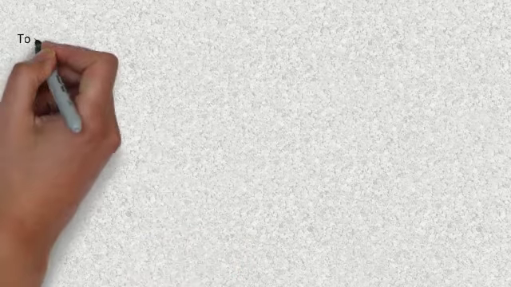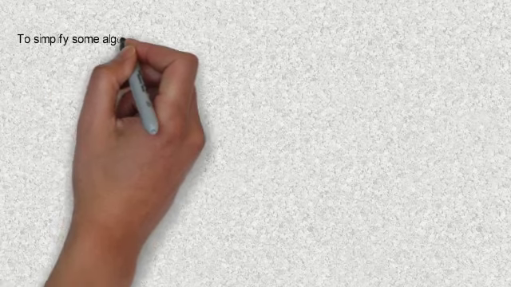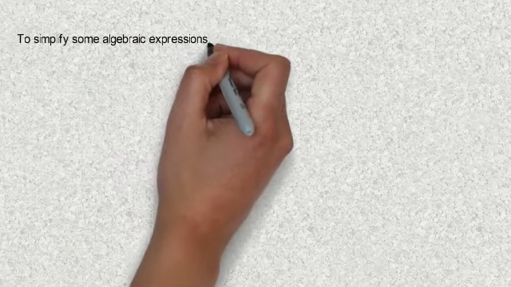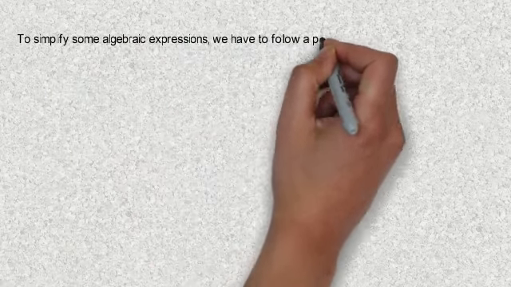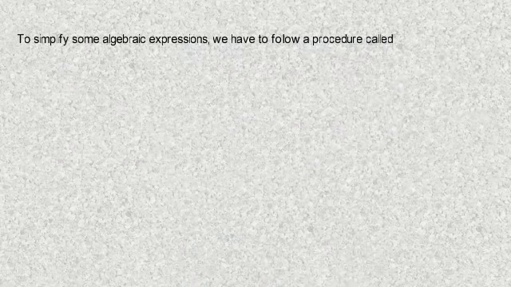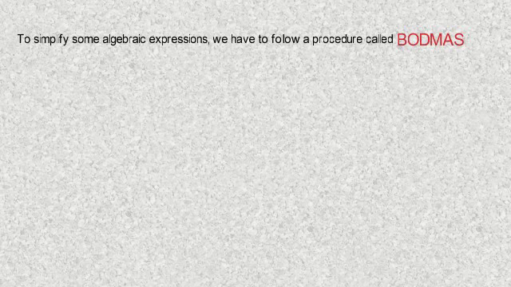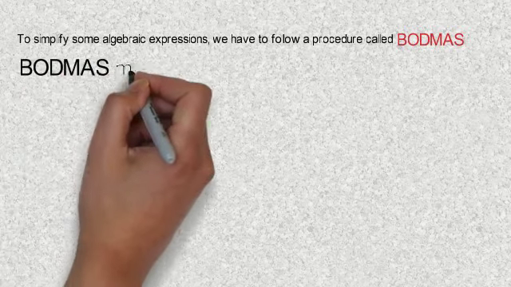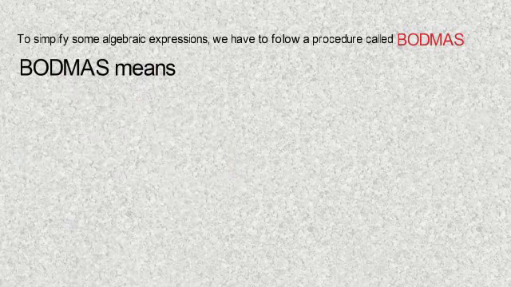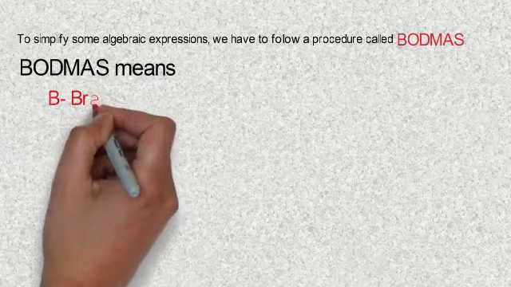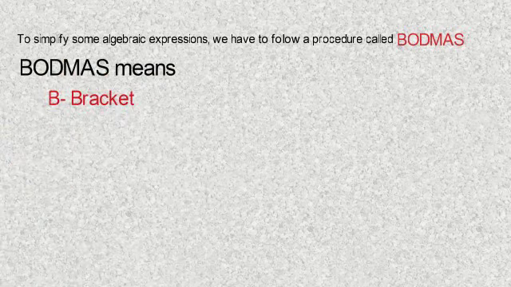Also, to simplify some algebraic expressions, we have to follow a procedure called BODMAS. So what does BODMAS mean? First you have to understand that BODMAS is an acronym that means something. So let me give you what BODMAS means.